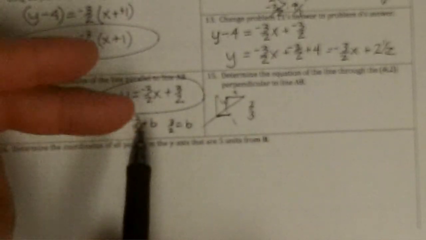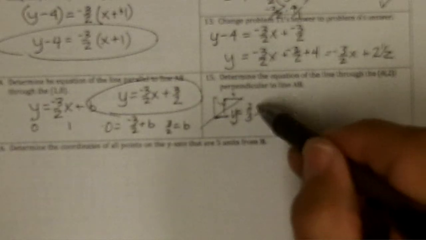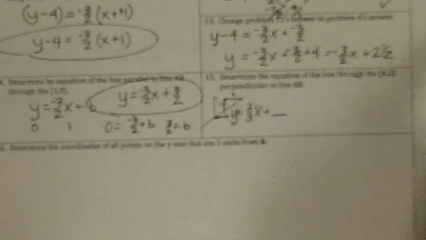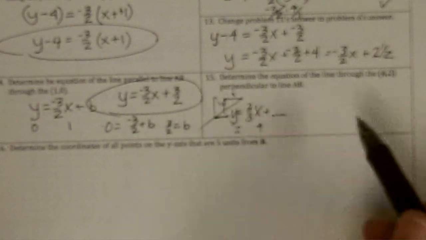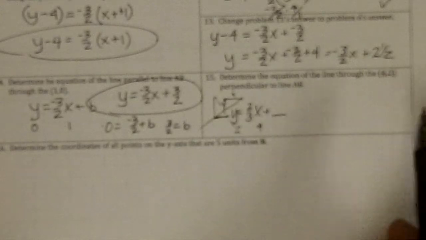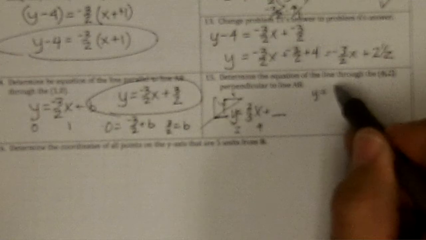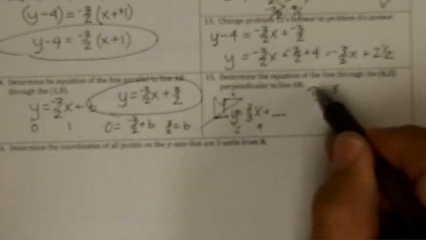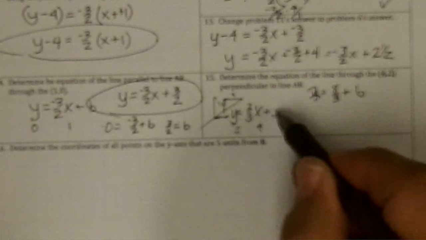Opposite sign and reciprocal. So it becomes y equals 2/3 x plus something, and it's supposed to go through 4 and come out to be 2. 4 times 2/3 is 8/3. So I'd have 2 equals 8/3 plus whatever that b is.